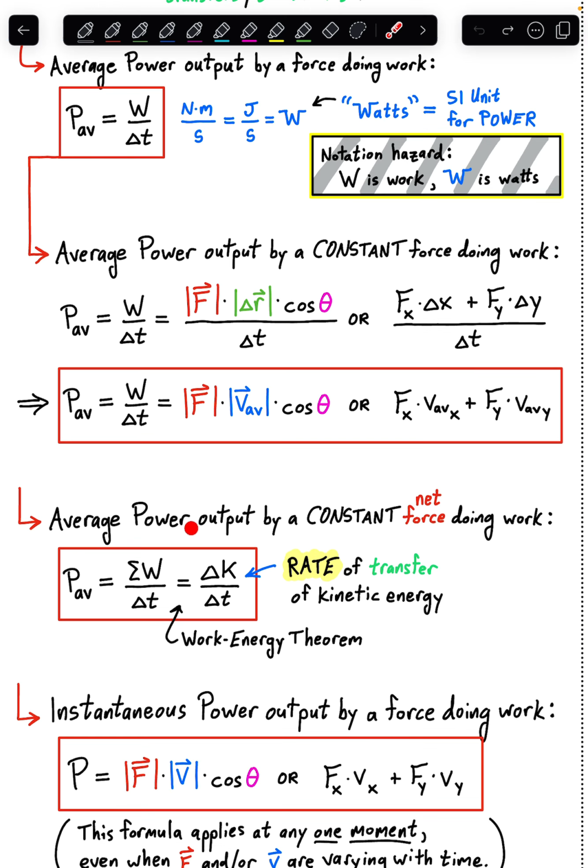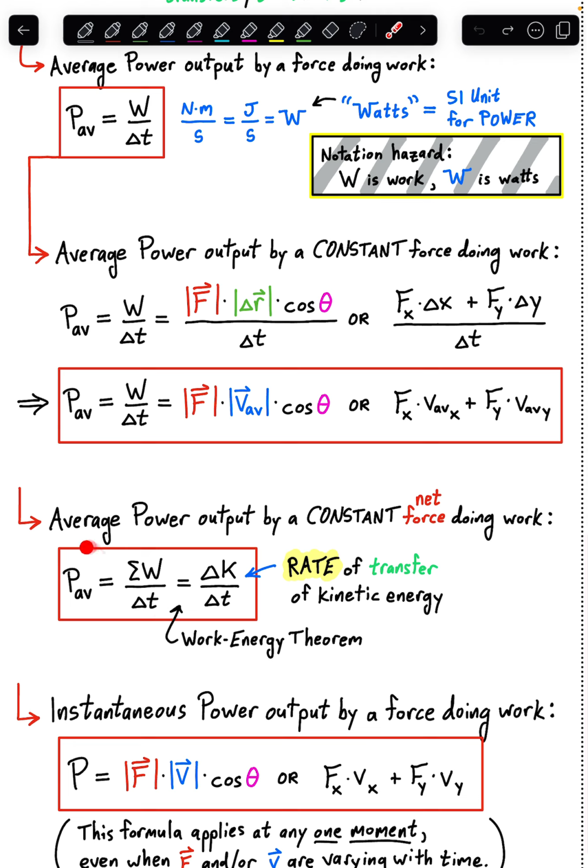If we want the average power output by a constant net force doing work, so this could be average power from one single force, force times velocity, force times velocity. But if we look at the net force on the object, and if that is constant, then net work divided by time, well, according to the work energy theorem here, net work is the same as kinetic energy change, delta K. So net work over time is delta K over delta t.